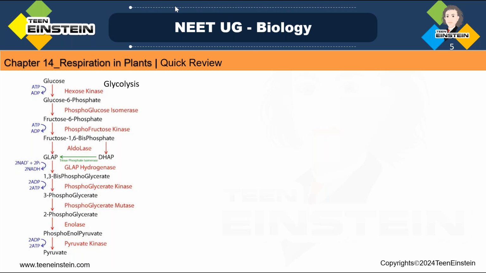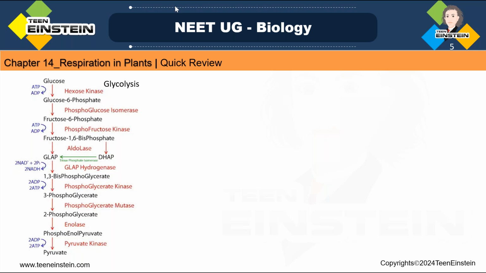Then the 5 complexes we mentioned. First one is NADH dehydrogenase. Another one is succinate coenzyme Q reductase.